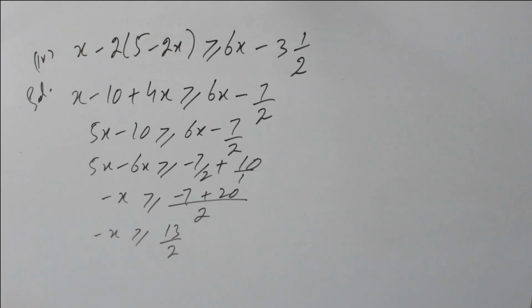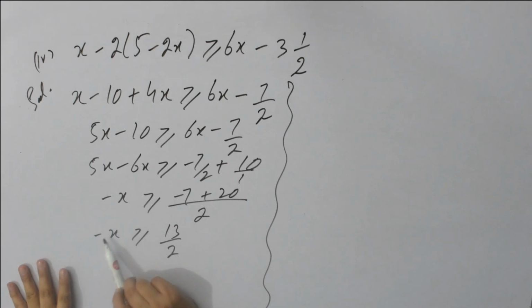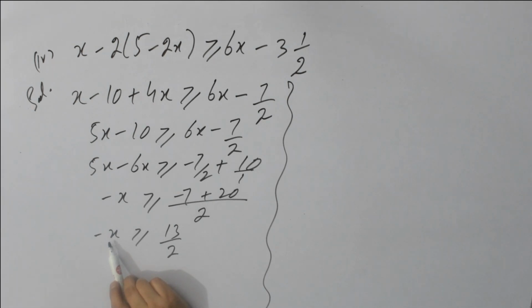All right, now here students, what I have told you in my previous parts is that you need only this x with no coefficient. It should be free from any coefficient, any constant, multiplication or division.